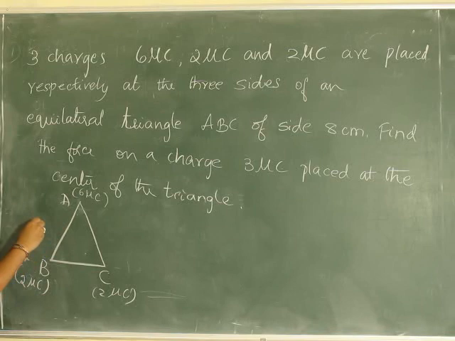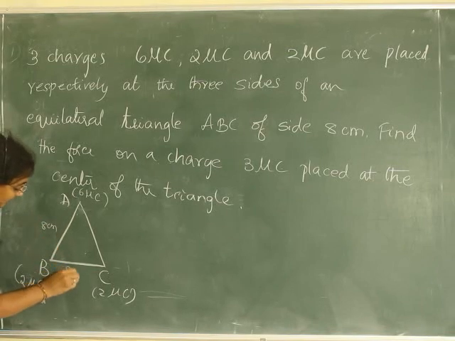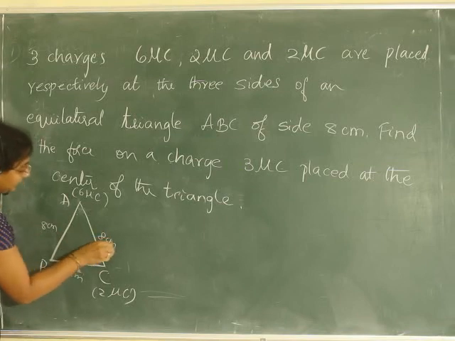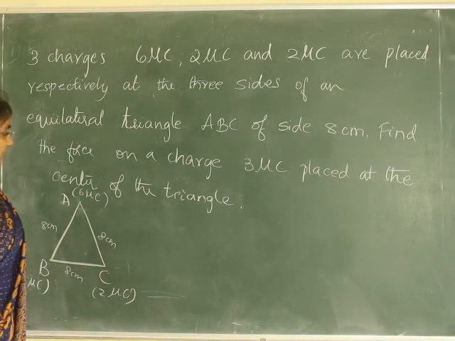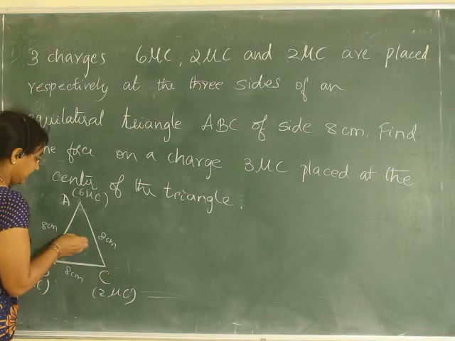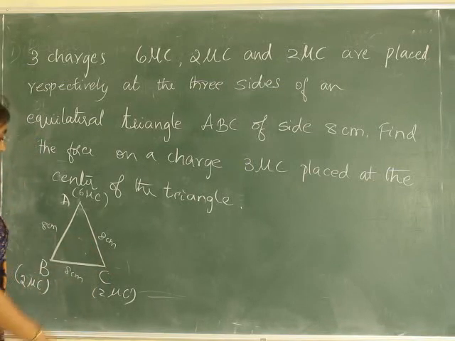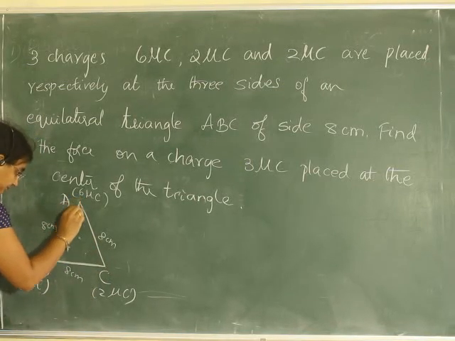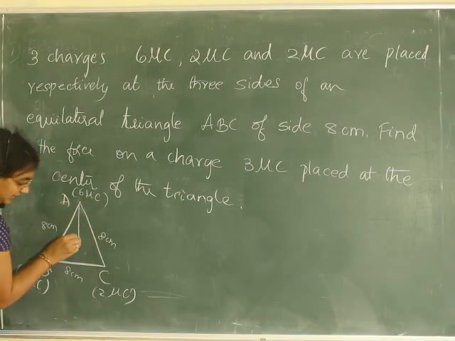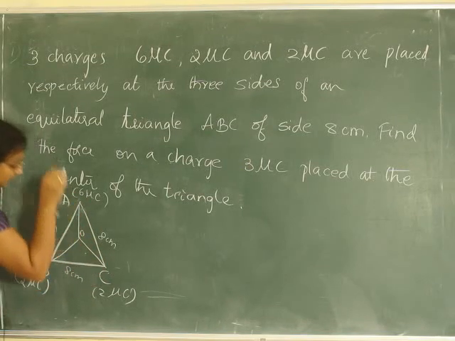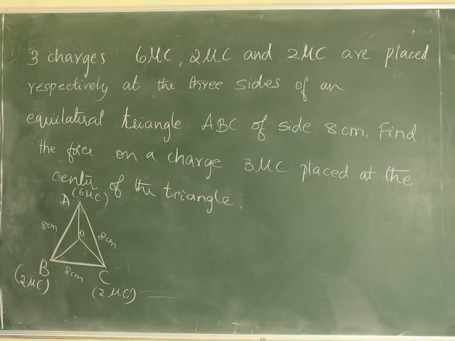Equilateral triangle, all the sides are 8 centimeter, 8 centimeter and 8 centimeter. Placed one more at the center you have to place. Can I draw it like this? Yes, at the center let it be O.